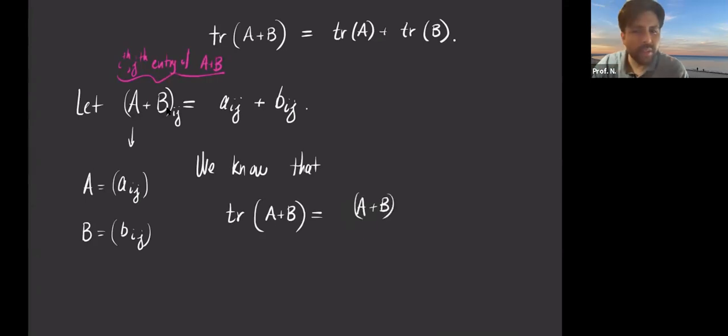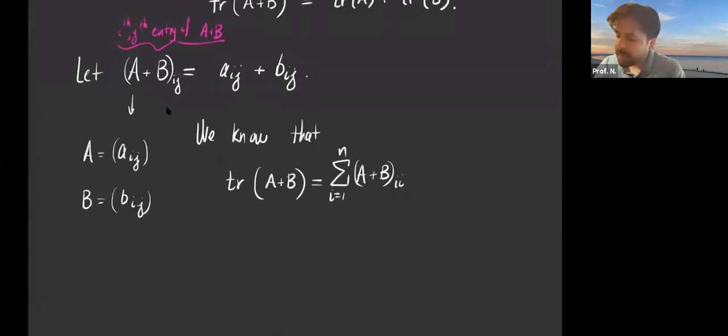But we're not taking the sub ij, you say. We're taking the diagonal entries. We're taking the diagonal entries of that sum, right? Which is the same thing as saying what?